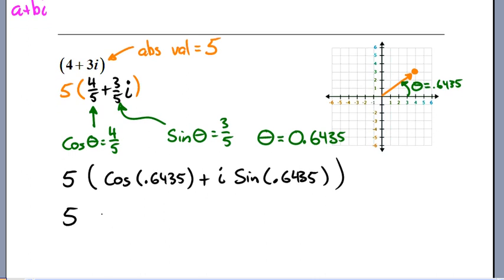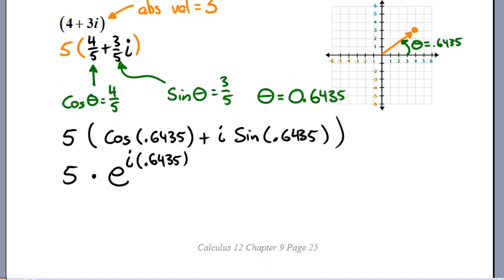And you can say, hey, that's 5 times e to the i times 0.6435. And you're basically there. You could leave it like that, or if you wanted to, okay, that's fine. That's probably what my calculator is going to do if I ask it.